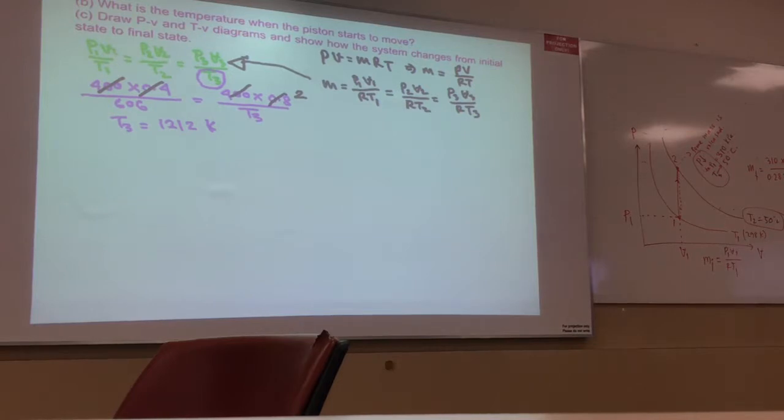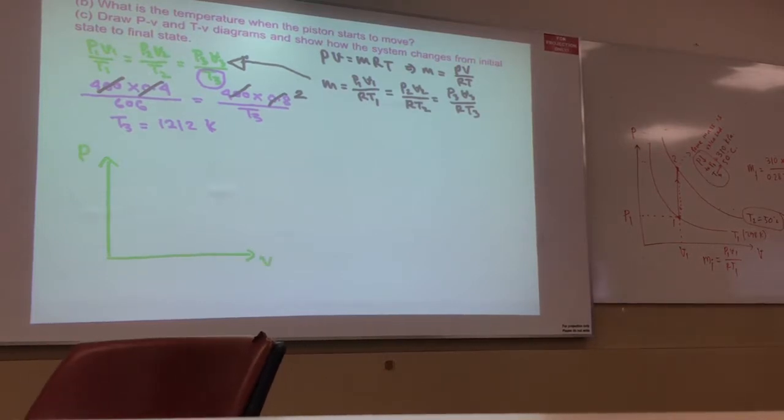Now you have to draw the PV and TV diagram. Take a look. This is the PV diagram. This is for T1, this is for T2, this is for T3, right? I can write T1, T2, T3. So what is state 1?